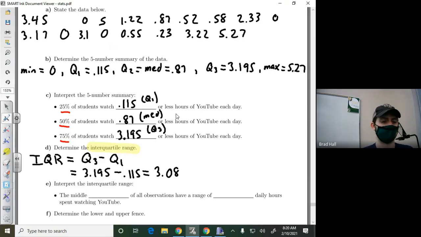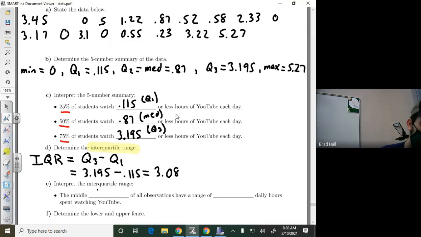This would be the equivalent of one standard deviation from the mean if we were using the mean. This tells us how spread out the middle of the data is, because this is a measure of dispersion.